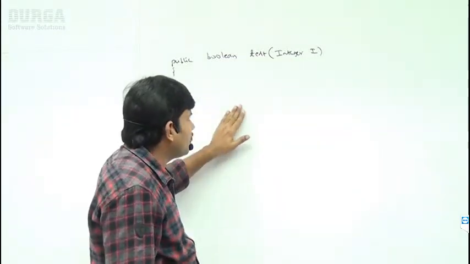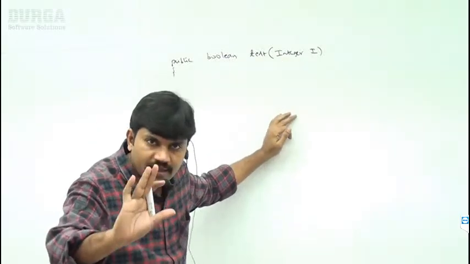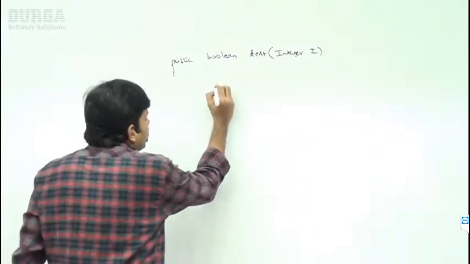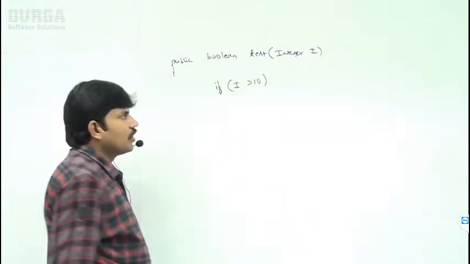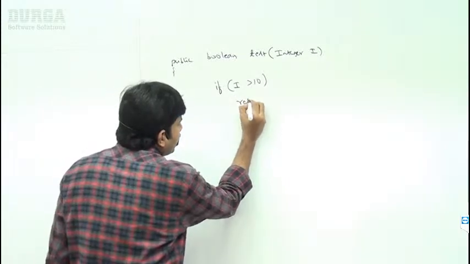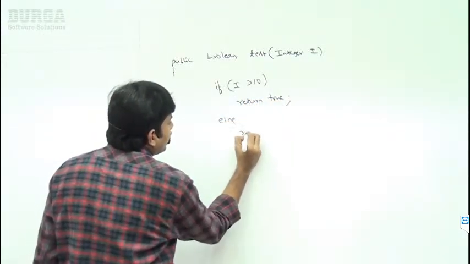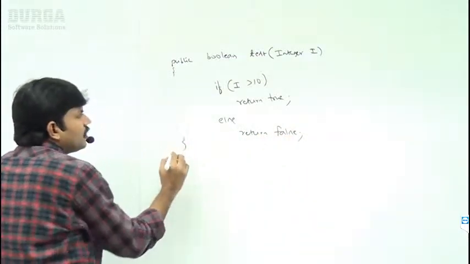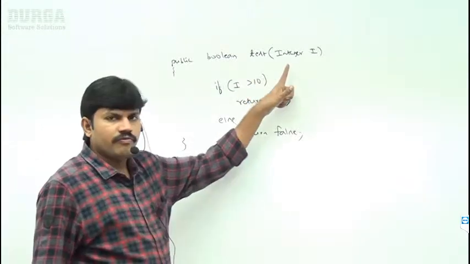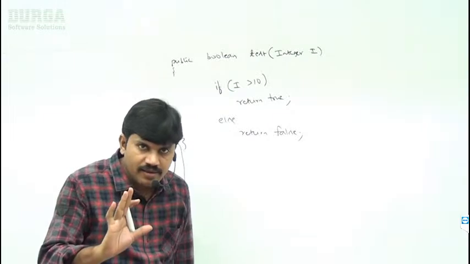Now this test method is going to check whether this number is greater than 10 or not. If i greater than 10, return true, else return false. A simple conditional check whether the given number is greater than 10 or not. Is it clear, right? Okay.